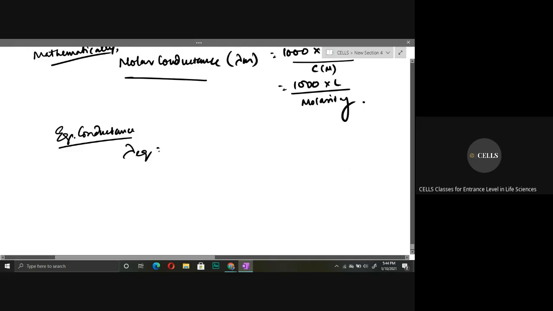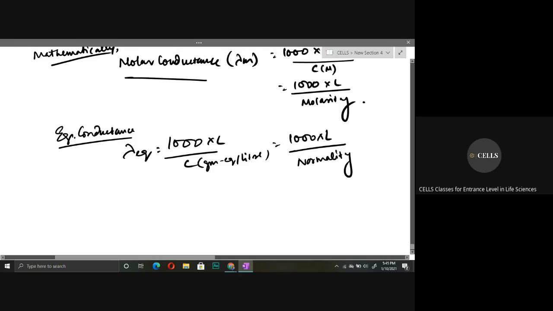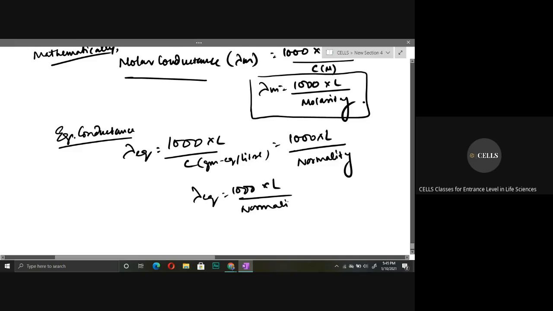Lambda eq is equal to 1000 into L divided by C, where C is in gram equivalents per liter, that is, the normality. So these are the two equations you need to remember by heart. These are the important equations.